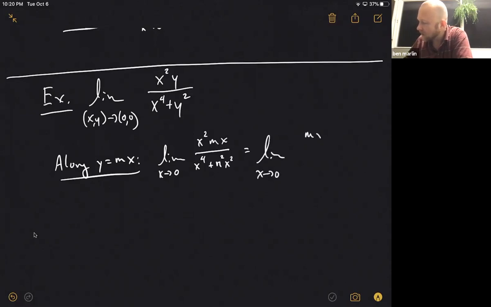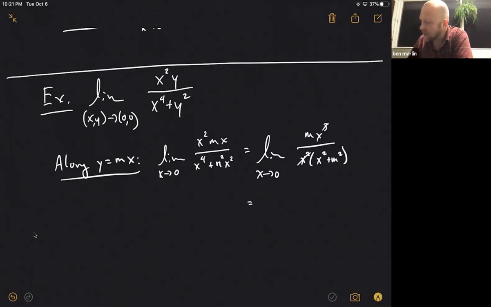The top will have an mx cubed. The bottom, you can see, has an x squared that will factor out, and you'll be left with an x squared plus m squared. My m is a little hard to read there. And so we can cancel out two of those factors there.